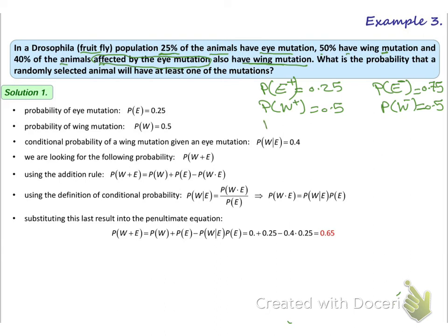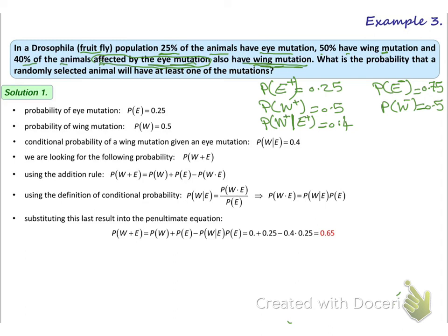So the probability of W positive, given that they are already affected by the eye mutation, it's already given to us that they have the eye mutation, and this is their probability of having a wing mutation. So W positive given E positive equals 0.4.